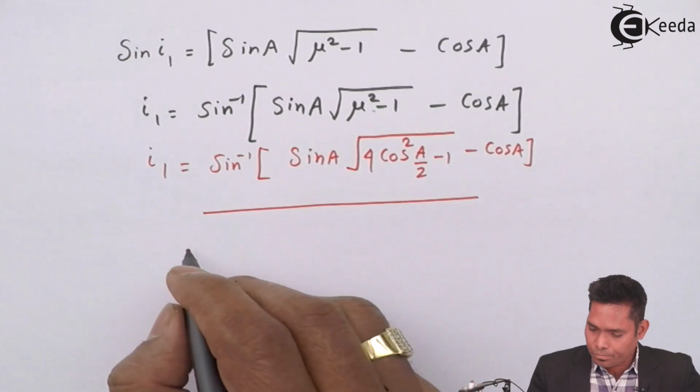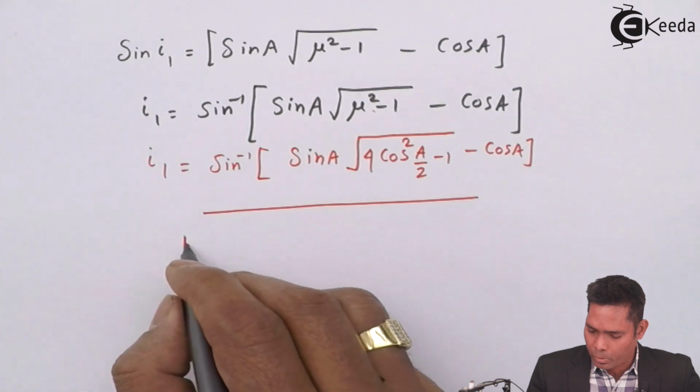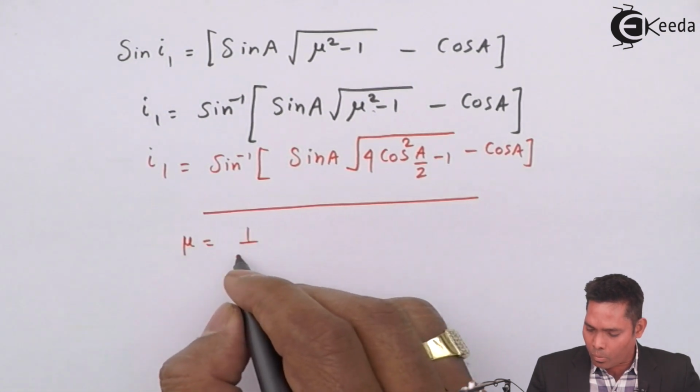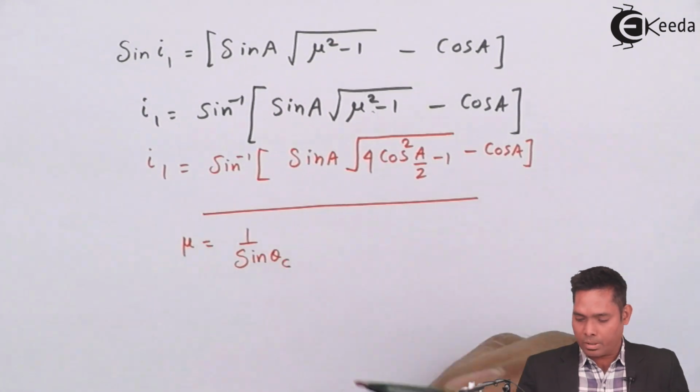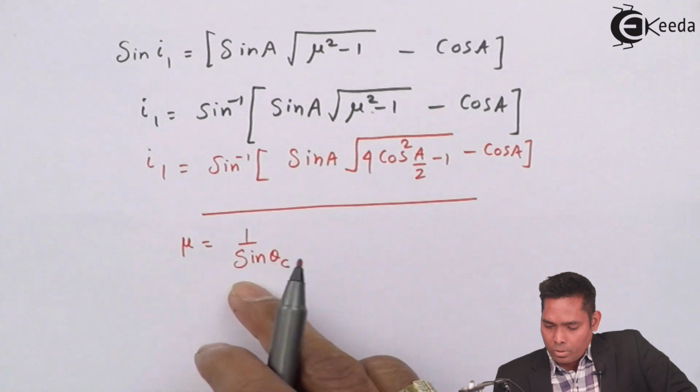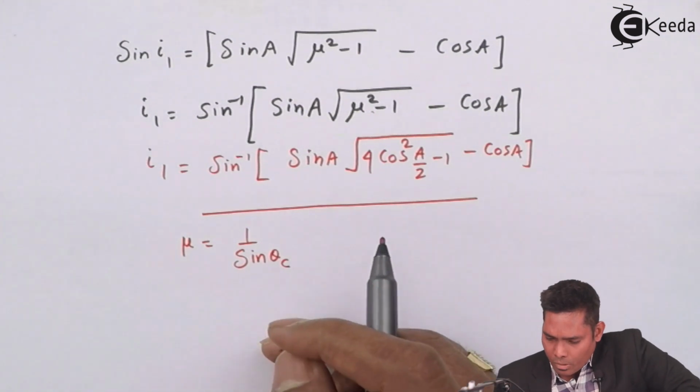So we know that mu equals 1 over sine theta c, because sine theta c is 1 over mu. We can write it like that.